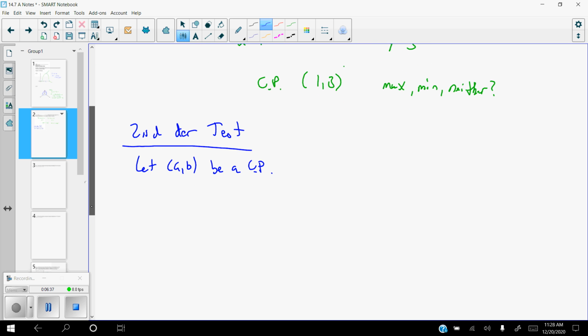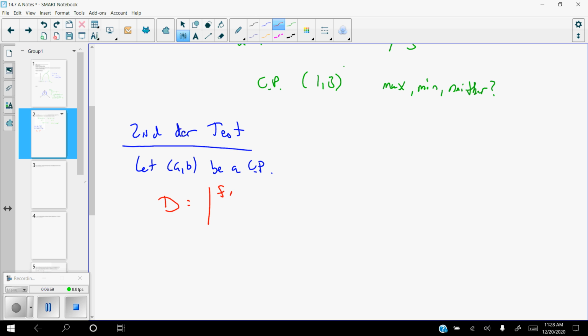The second derivative test is going to be determined by doing what we typically call the D test, where D simply stands for determinant. And we are going to take the determinant of all of the partial derivatives. So what are all the partial derivatives you could have?